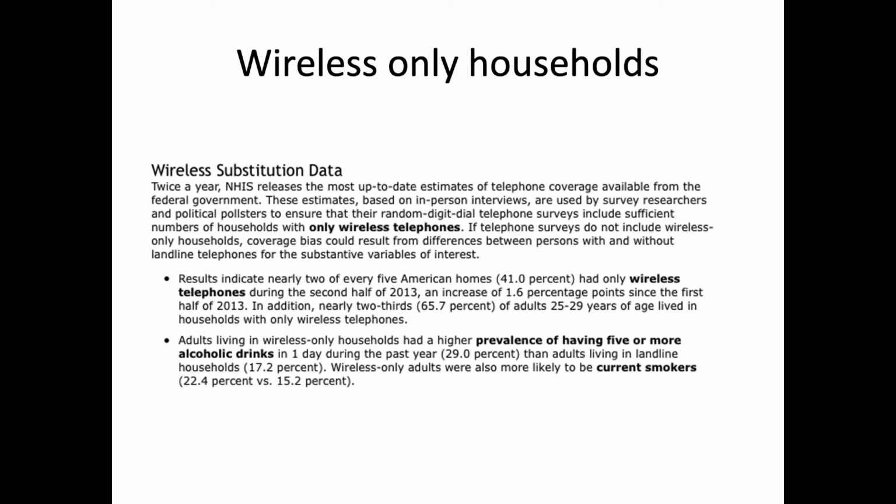So if you were to do a survey with only landlines, you'll have falsely reduced estimates, biased towards the null, because you are not including a proportion of the population with a much higher prevalence of whatever you're looking at.